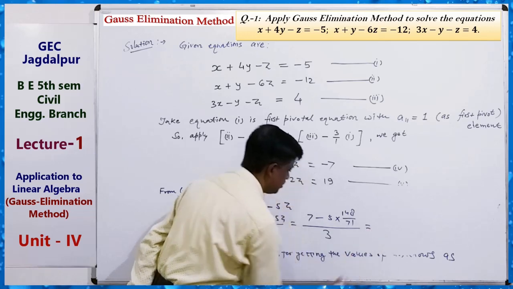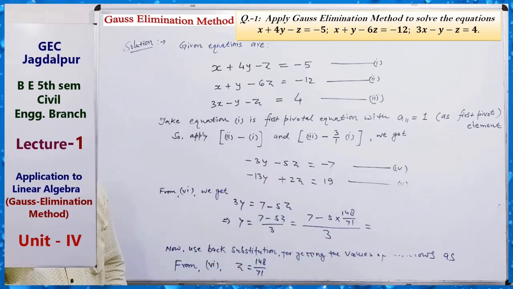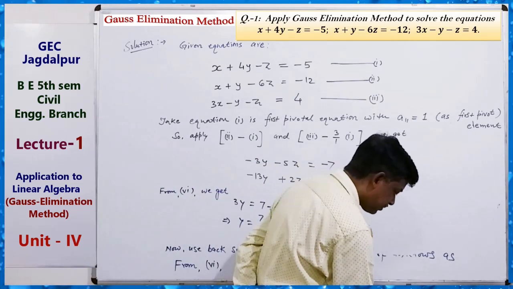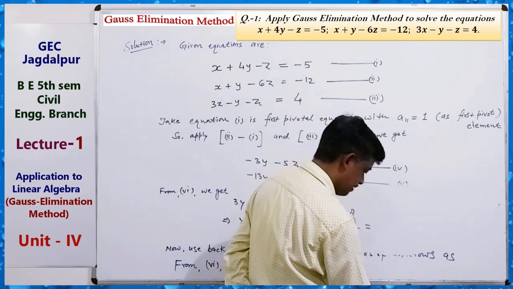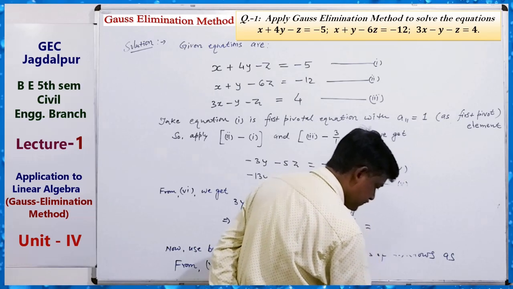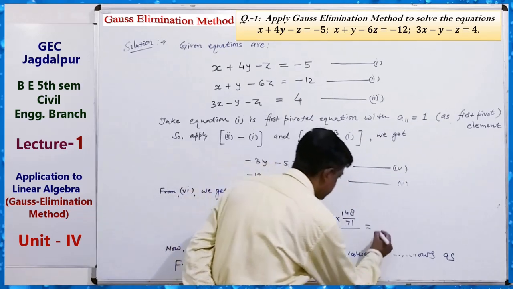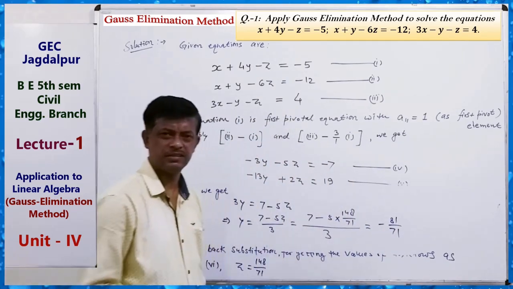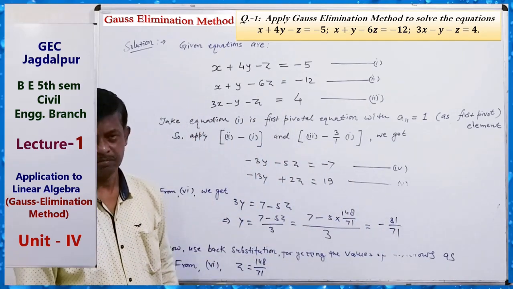Just calculate it using a calculator, and the value will be minus 81 upon 71. Just do it. Back substitution.